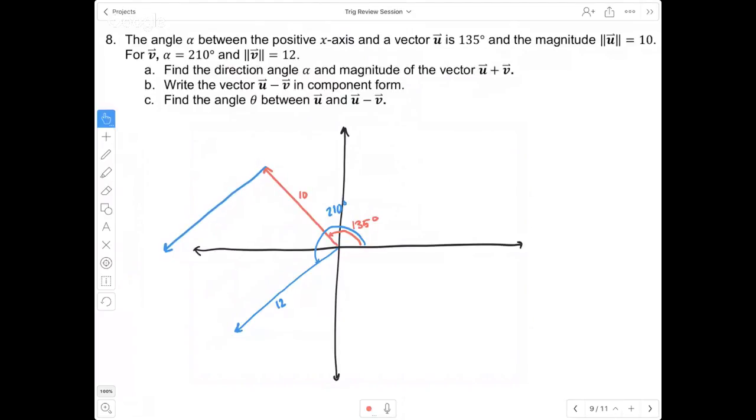I'm going to place it at the end of the red vector. Cool. This is a good example because it's kind of unclear whether this would be above the x-axis or below it. So we're going to have to think about the trig to find the direction angle, because I'm not really sure if it's above or below at the moment. But obviously it's somewhere over here, and here's the resultant vector.